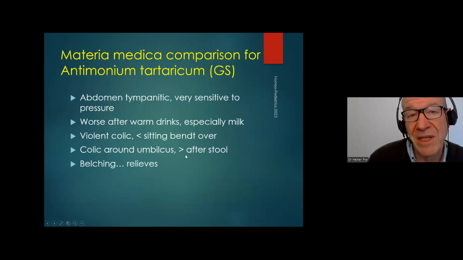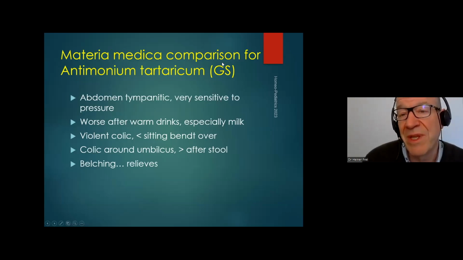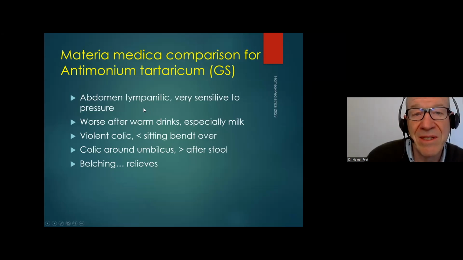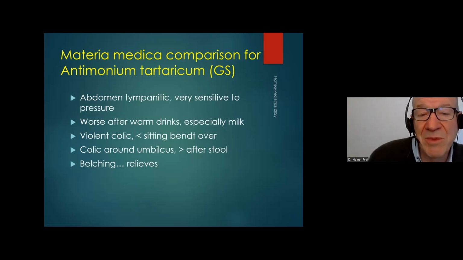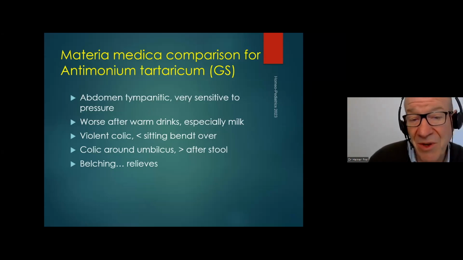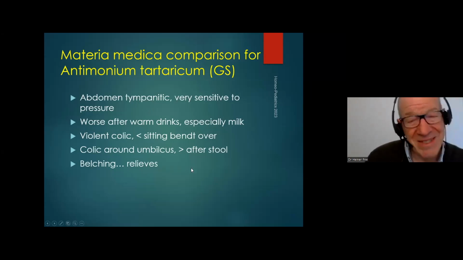If you make a materia medica comparison for antimonium tartaricum with the guiding symptoms of Hering, we find in antimonium, abdomen tympanitic, very sensitive to pressure, worse after warm drinks, especially milk, very typical in a baby. Violent colic, worse sitting bent over. Colic around umbilicus, better after stool, and belching relieves.